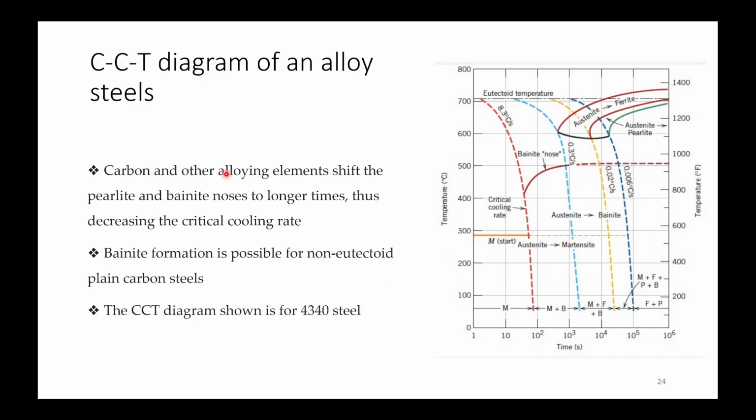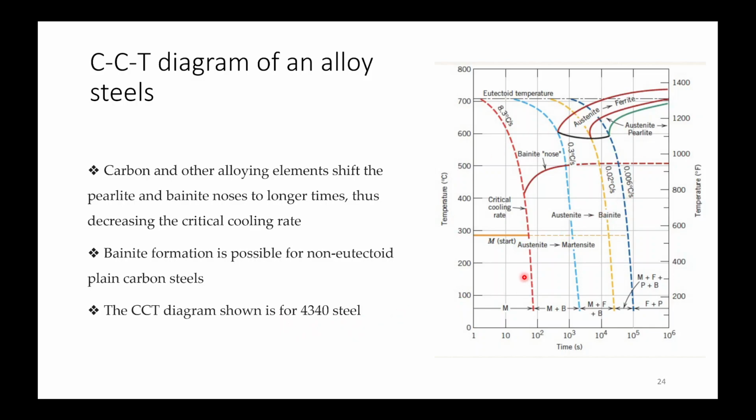Carbon and other alloying elements shift the pearlite and bainite noses to longer times, thus decreasing the critical cooling rate. And bainite formation is possible for non-eutectoid plain carbon steels. The CCT diagram shown is for 4340 steel.